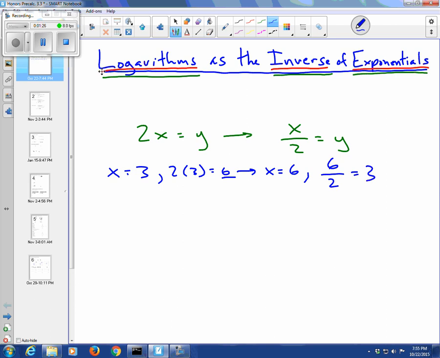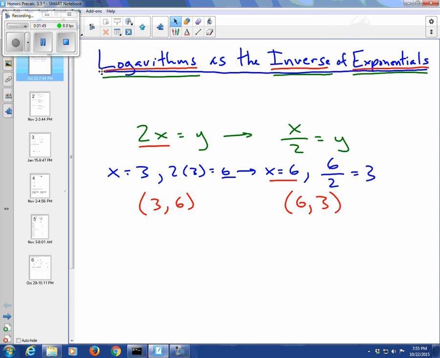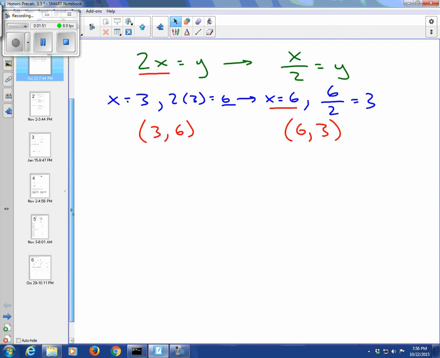Now, this is a little bit obvious, but what we want to point out is that the thing that our inverses are actually doing is they are switching the input and the output, right? For our 2x, we have an input of 3 giving us an output of 6, and for the inverse, we would take the input of 6 and get the output of 3, right?